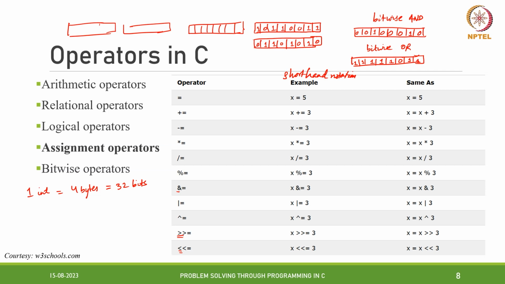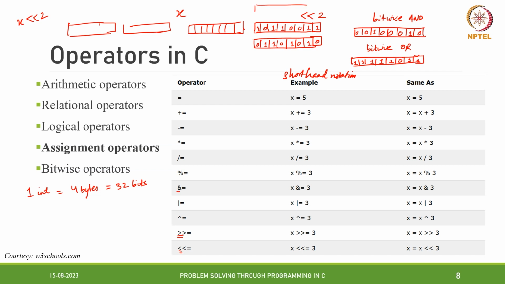And what happens if I try to shift this to the left by 2? Let's say this is x. Now x left shift by 2. That means everything here will be shifted by 2 units. So this one will go here. I'll rewrite this somewhere.